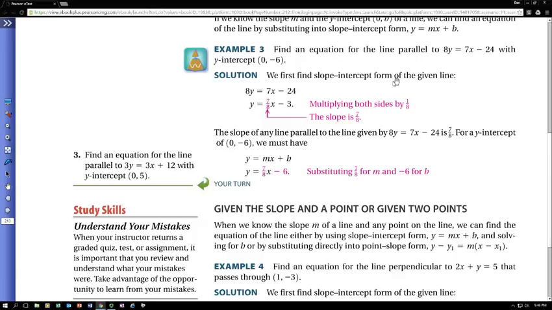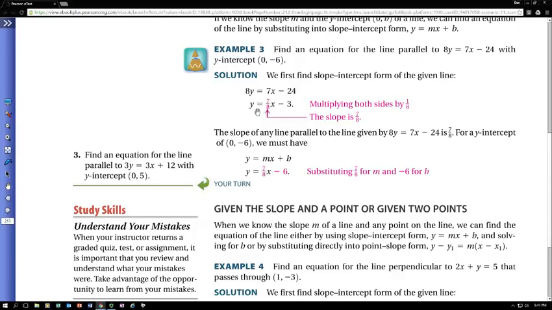And notice a couple things. Well, they take 8y minus 7x minus 24. Again, a lot of people think, well, I divide 8y by 8, and if you divide 7x minus 24 by 8, it's going to be hard for you to understand where my slope is.